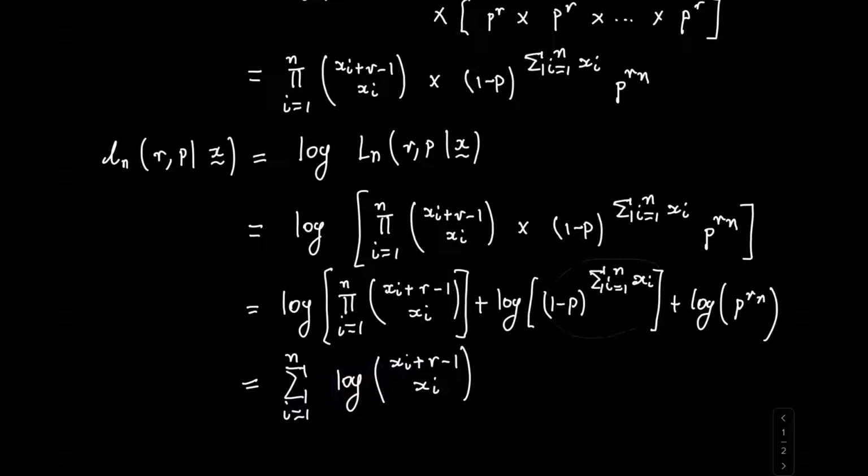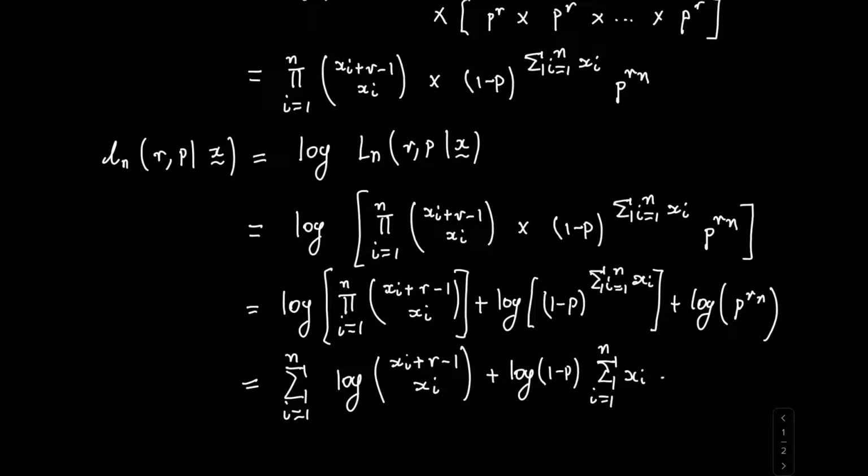With the second term, what we're going to notice is, remember, using our log laws, we've got a log of something to a power, which means we can bring the power to the front of the log. So we can rewrite this as 1 minus p, sum of i equals 1 to n of xi.